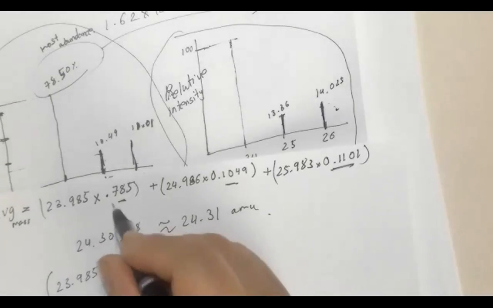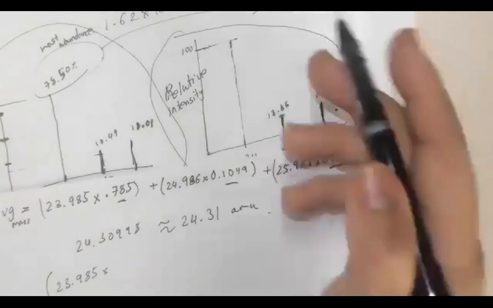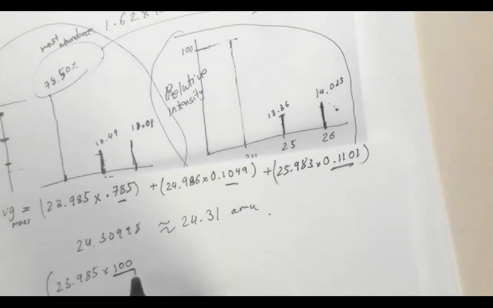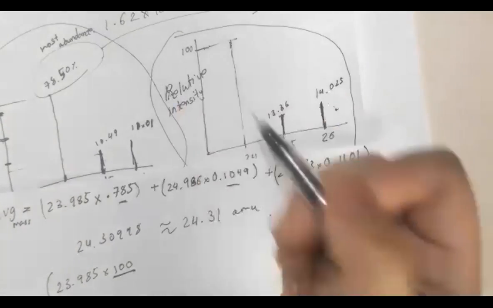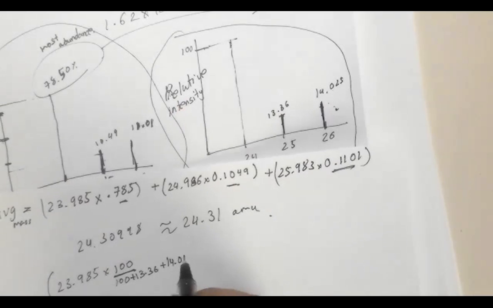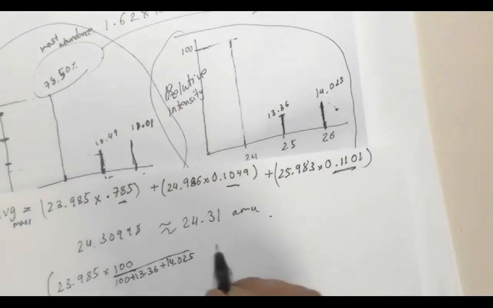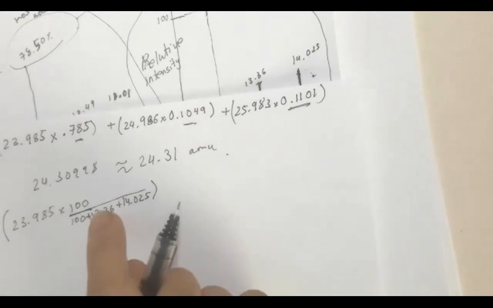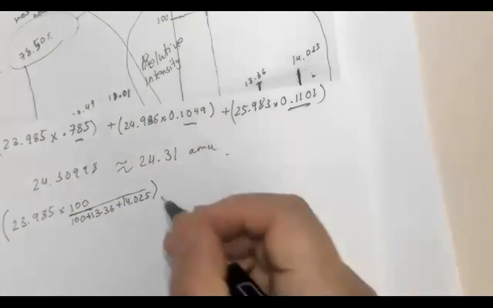Instead of multiplying by 0.785, we're multiplying by 100, and then dividing by this plus this plus this. See how it goes? And I'm doing the same thing to the rest of the numbers.